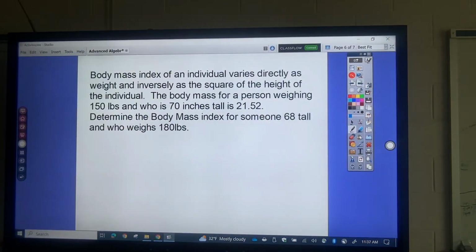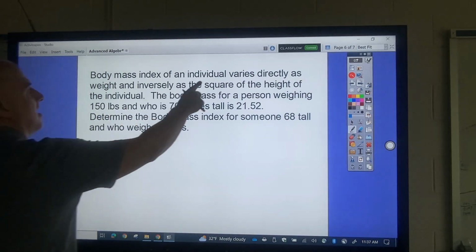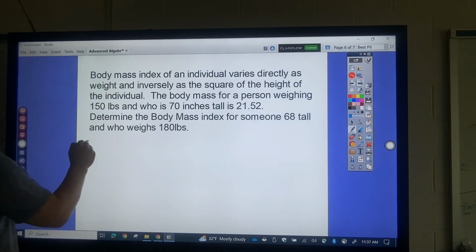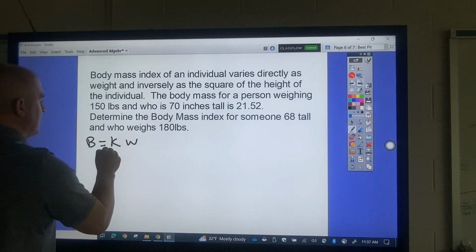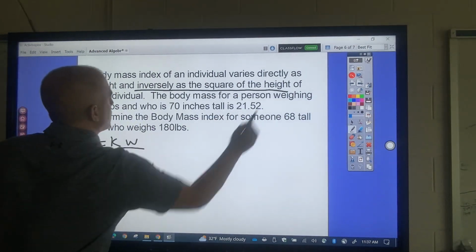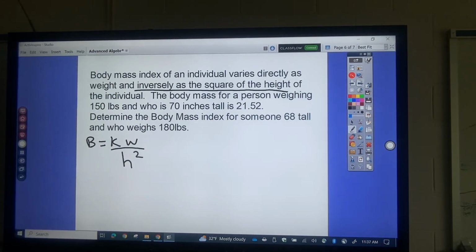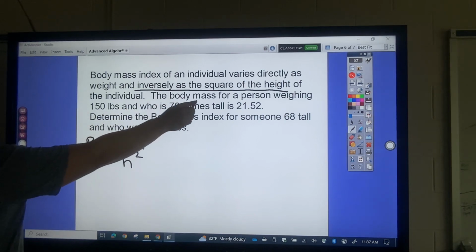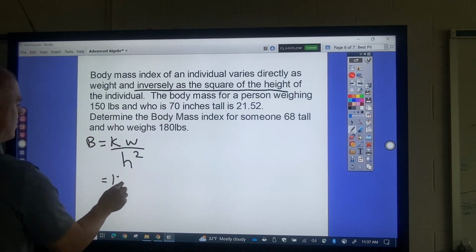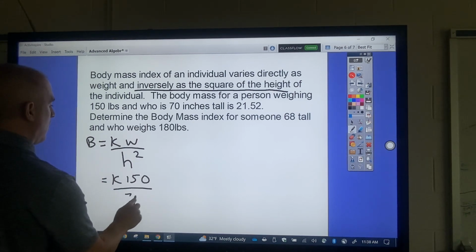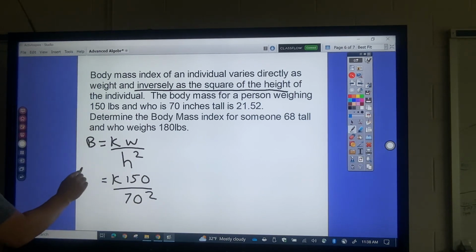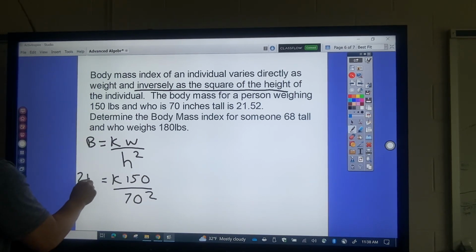Okay, let's do another one. Body mass index varies directly as weight and inversely to the square of the height. So you have to be careful here: body mass index varies directly as weight and inversely as the square of the height, so H squared. For a person weighing 150 pounds who is 70 inches tall, the body mass index is 21.52.